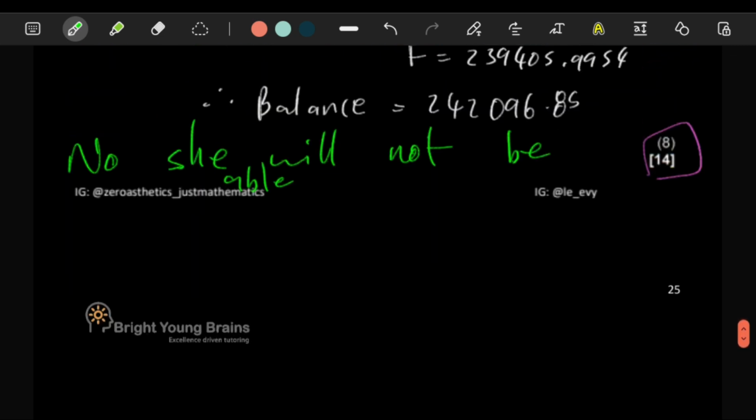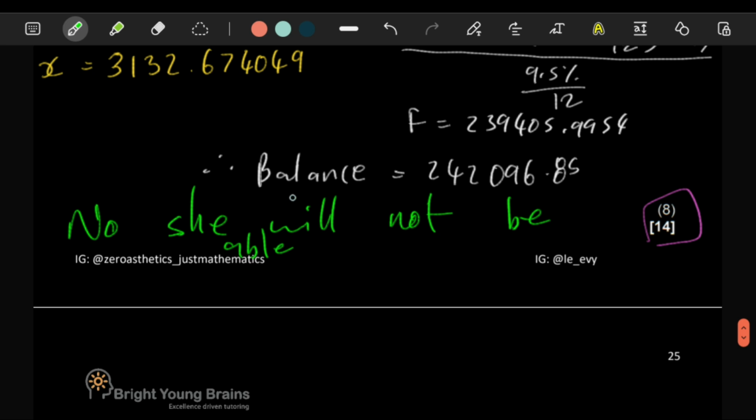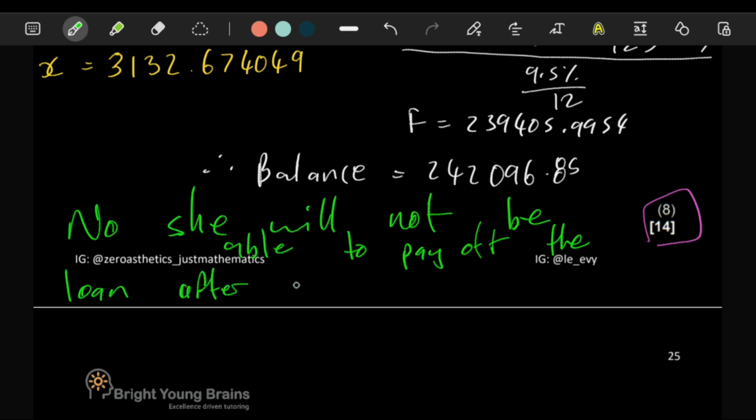We already have a reason, all these calculations. No, she will not be able to pay off the loan after the 5 years. Then you end it there.